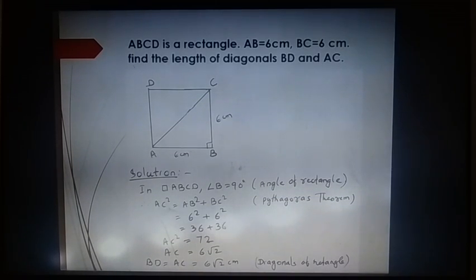Substituting the values, 6 square plus 6 square is equal to 36 plus 36. Therefore, AC square is equal to 72. Taking square root, AC is equal to 6 root 2. But diagonals of a rectangle are congruent. Hence, BD is equal to AC is equal to 6 root 2 centimeters.